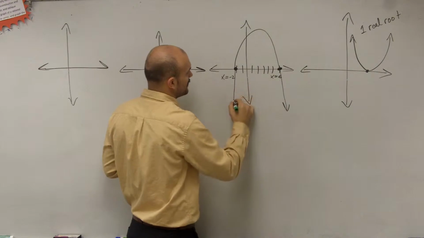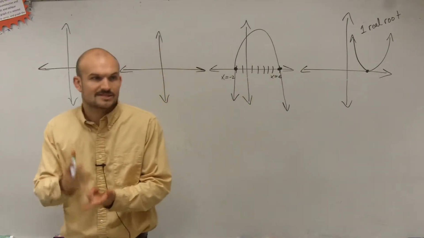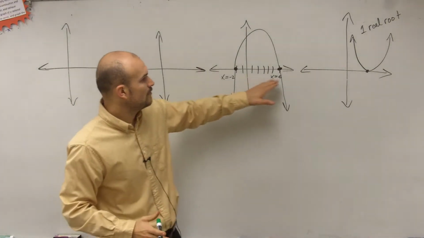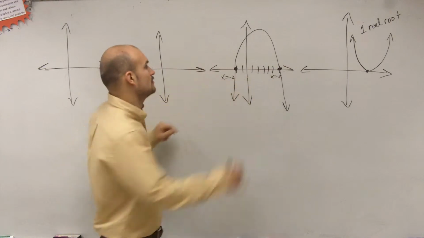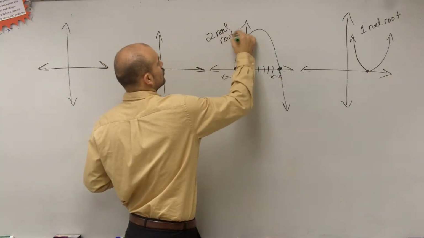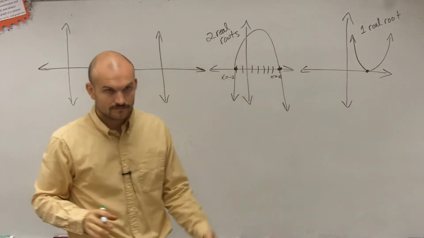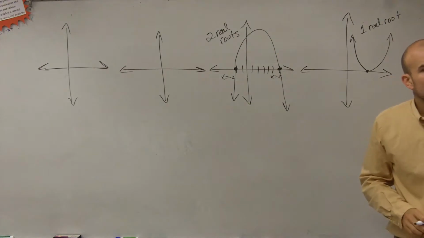Those were pretty easy to find because we could solve by factoring. When we had rational roots, we had 2 roots, so here you have 2 real roots.